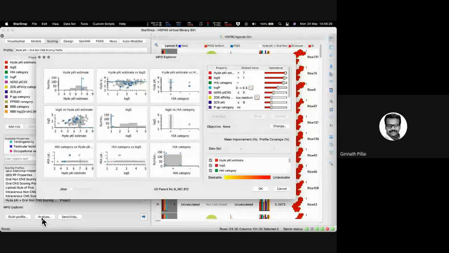Then you can also analyze the correlation between the activity data and solubility data, or solubility data with human intestinal absorption data. Here you could see there are a few compounds not satisfying human intestinal absorption, but still considered, right?